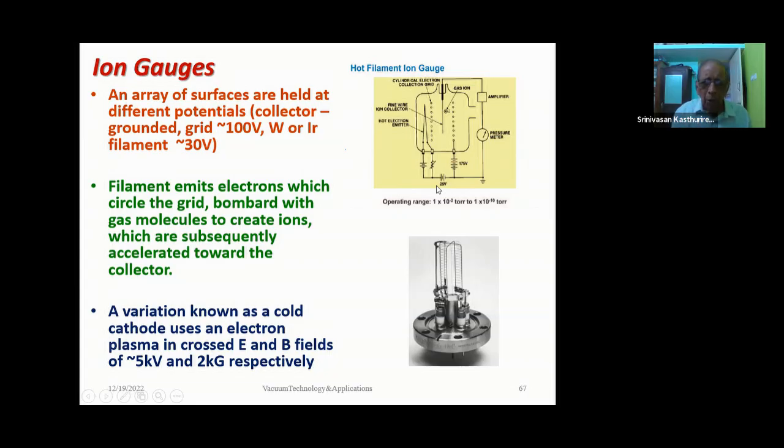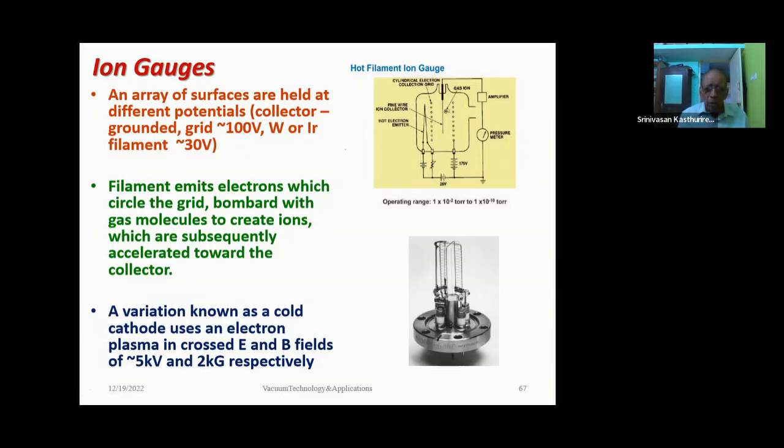The electrons are emitted and bombard the gas molecules and produce ions. Positive ions get accelerated towards the cathode, and negative ions get accelerated towards the anode or the collector.